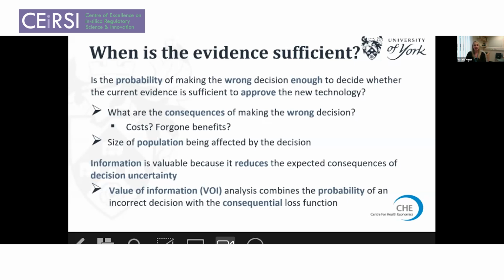And including additional information to inform our decision is valuable because it reduces the expected negative consequences of current decision uncertainty. To assess whether collecting additional information would be worthwhile to improve the approval decision, we can use the so-called value of information analysis, which combines an evaluation of the probability of a wrong decision with the consequential loss function.